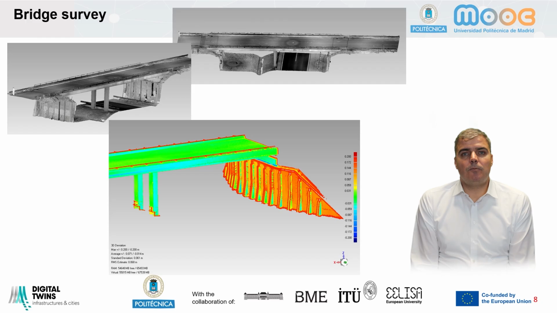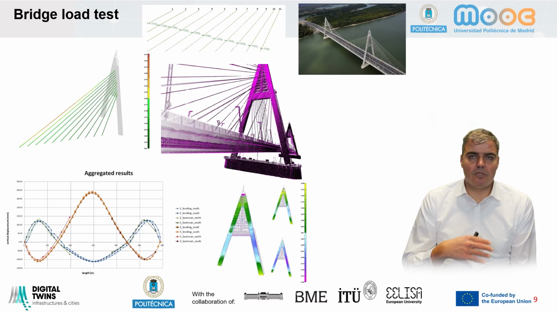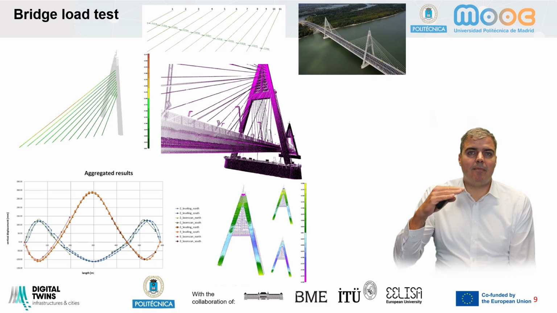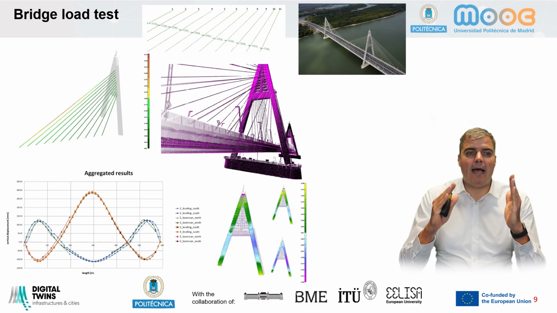In case of bridge survey, we use laser scanning for bridge load tests. So after the bridge is built, it goes under a load test. So they put loads with several trucks on it, and we measure the displacement of the pavement and the movement of the pylons.